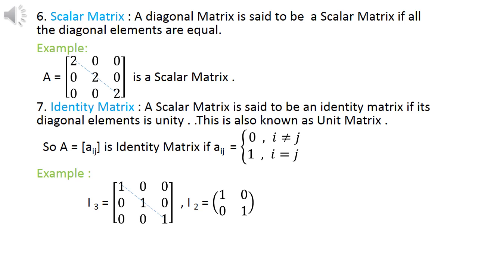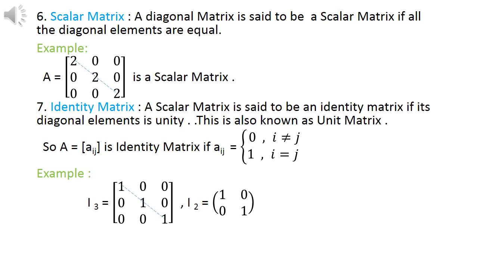Now tell me, in an identity matrix, if i not equal to j, then what is the value of the elements? Those elements are 0. If i is equal to j, then the element is present in a diagonal place, and in an identity matrix, diagonal elements are 1.